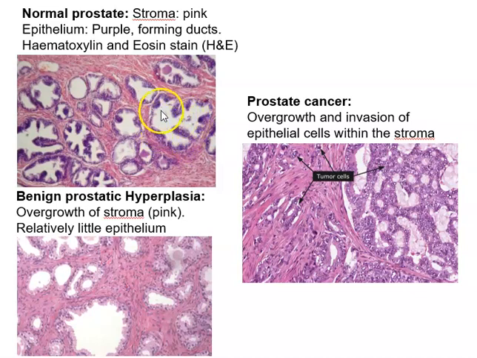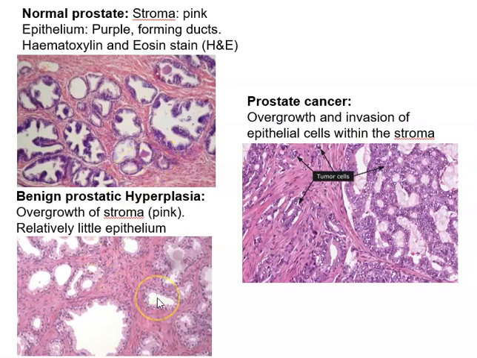So all of these are ducts which will all accumulate together and carry the prostatic secretions. This particular prostate is a young looking prostate because we've got nice big open ducts, and we've got quite thin ribbons of stroma or connective tissue running in between those ducts. So that's what we expect to see in a young prostate.